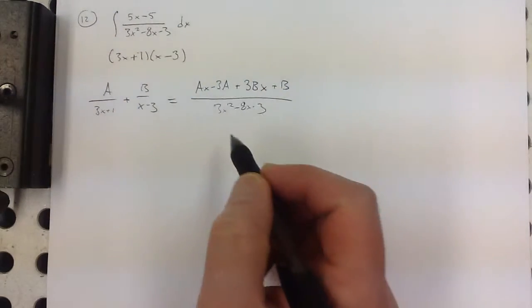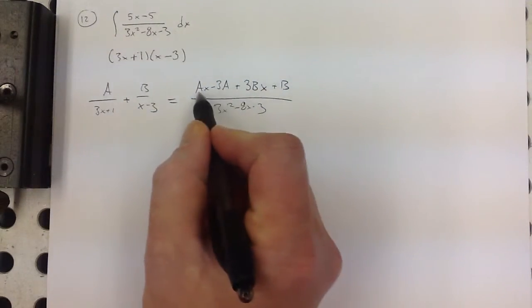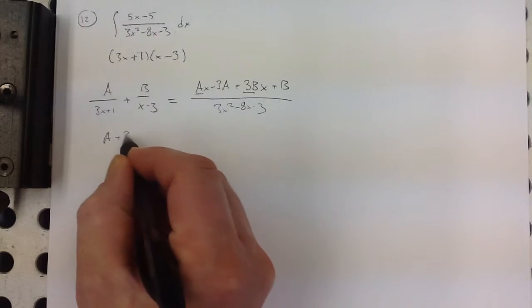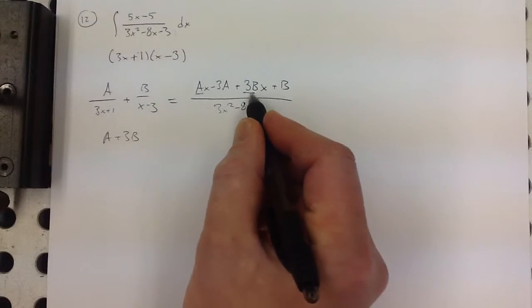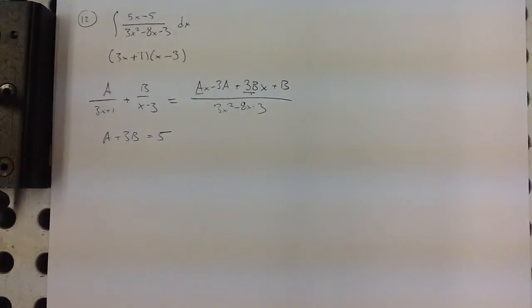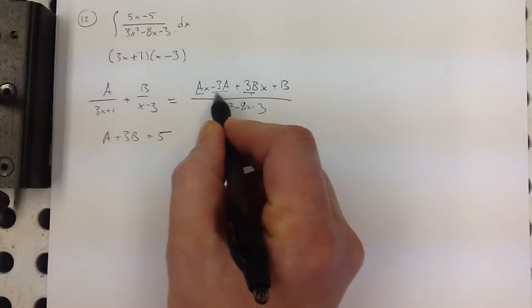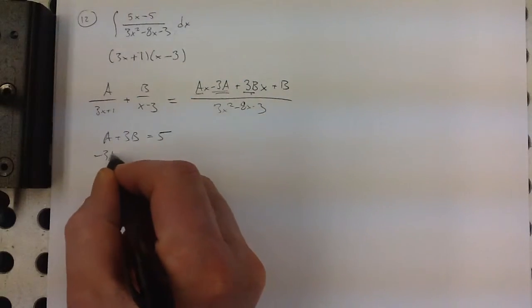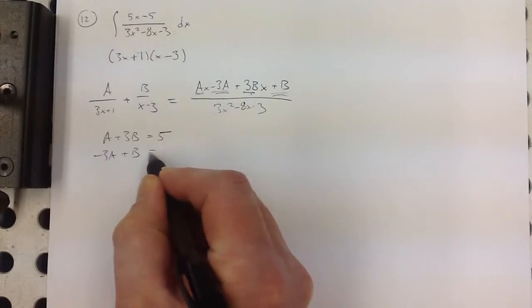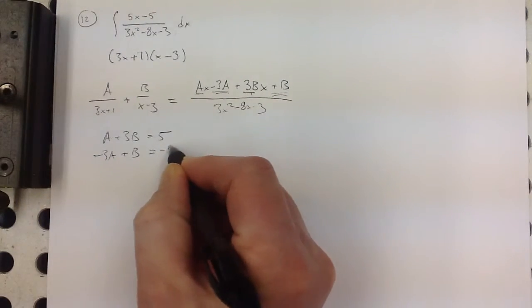Okay, so that means the coefficients of the x terms, I got a and 3b, a plus 3b. That's got to equal the coefficient of the x, which is 5. And then my constant term, I've got minus 3a plus b. And that's got to equal negative 5.